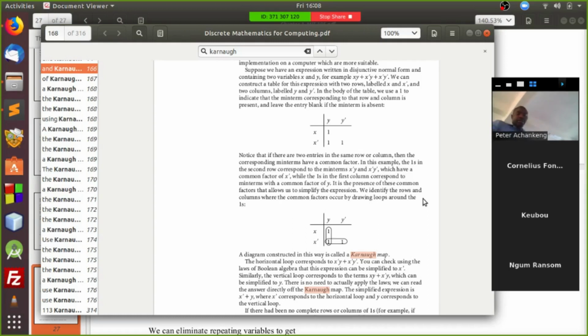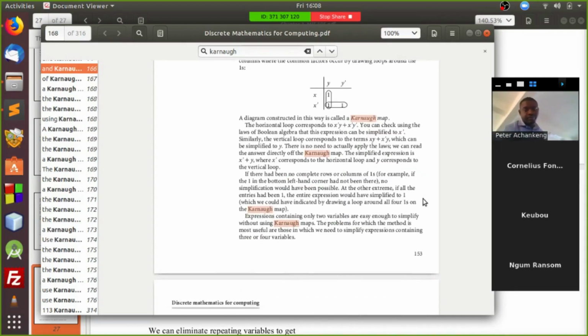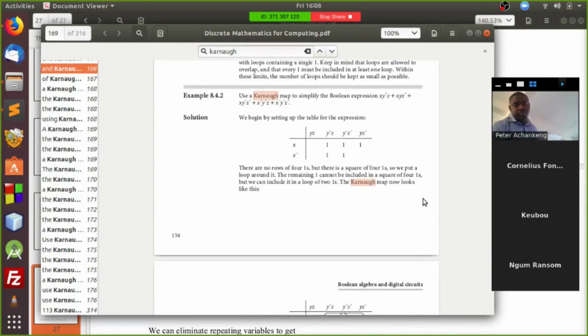Okay, so let's increase. Let's go to a higher dimension. Now we have 3 variables: X, Y, and Z. Once we have 3 variables, we'll still put x and x prime on this side.